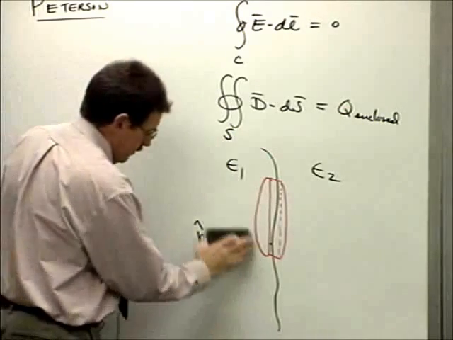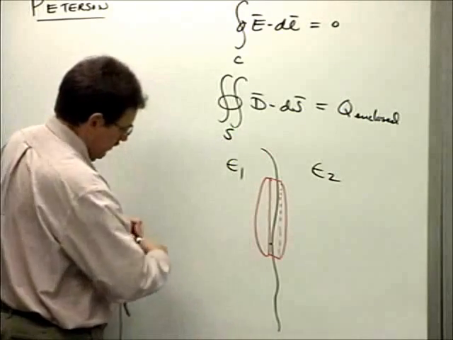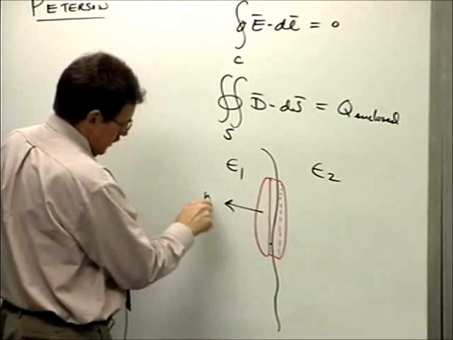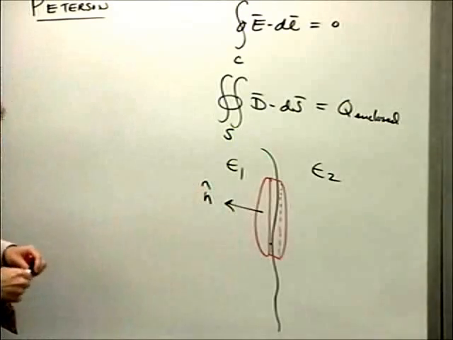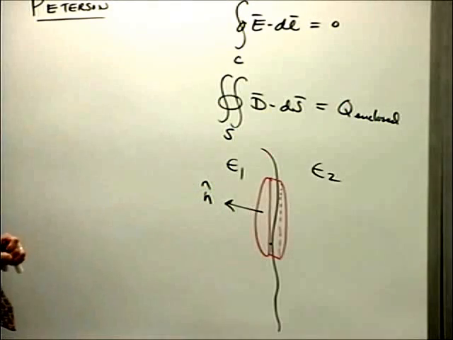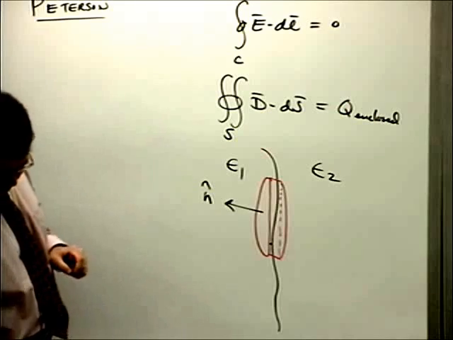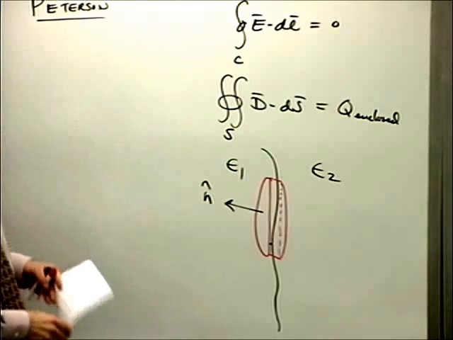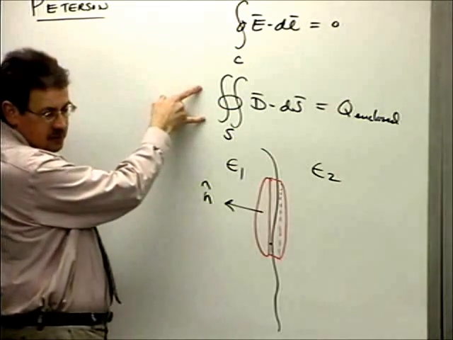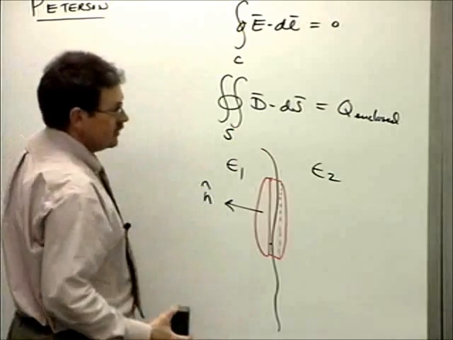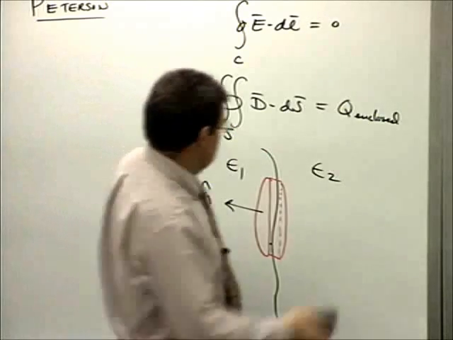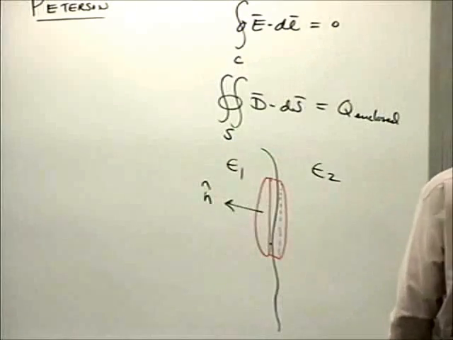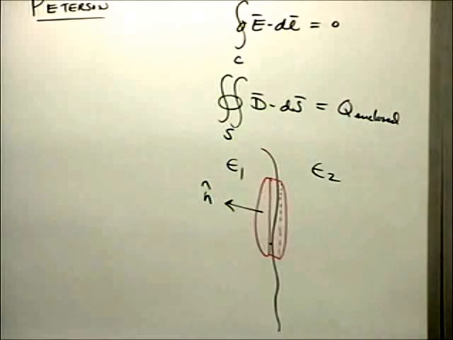And then we'll define our normal vector again to be pointing basically toward the region 1 side, perpendicular to the surface. Okay. And now let's look at the second integral relation here, which is the integral form of Gauss's law, and apply that to this can of cat food.